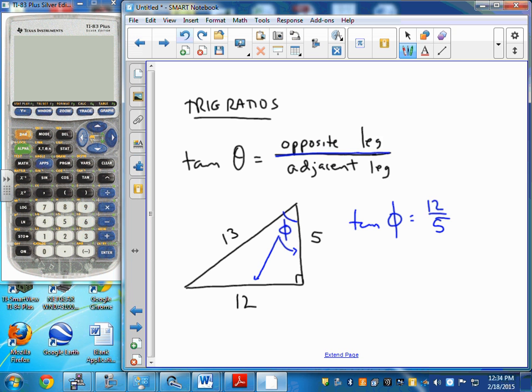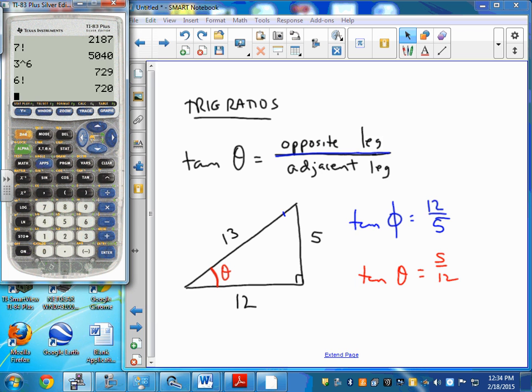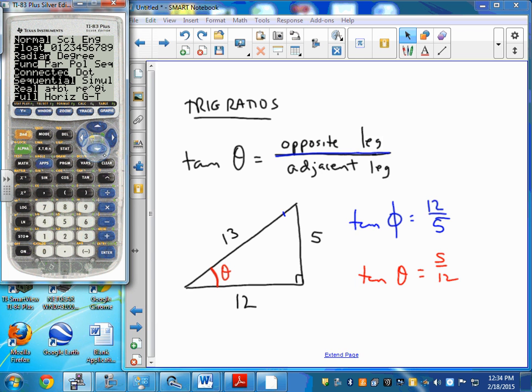Now, what can you do with it? Well, there's a number of things that are pretty useful. Say I wanted to find how much this angle was, let's go back to this one down here. We'll call it theta again. So the tangent of theta was 5/12. If I wanted to actually figure out how large that was, the calculator does that. Now, when you turn on your calculator, make sure that it's in degree mode. If you have a choice, it has to be reading degrees.